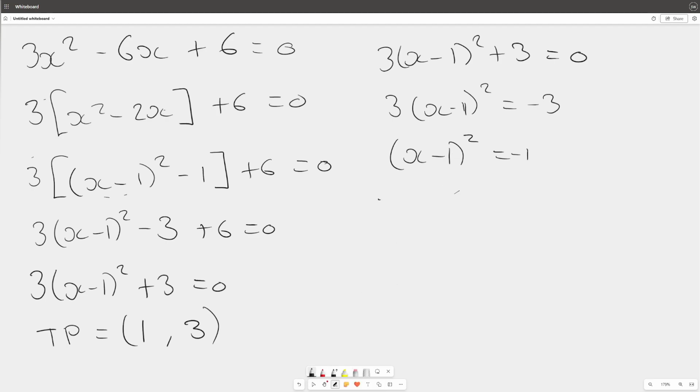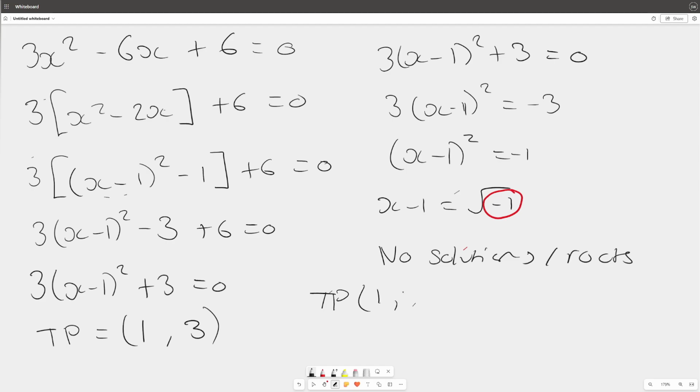And then square root both sides of the equation. But uh-oh, we have a square root of a negative number. That is not allowed, big red flag. So this question has no solutions or roots. But you can still find the turning point at 1, 3.